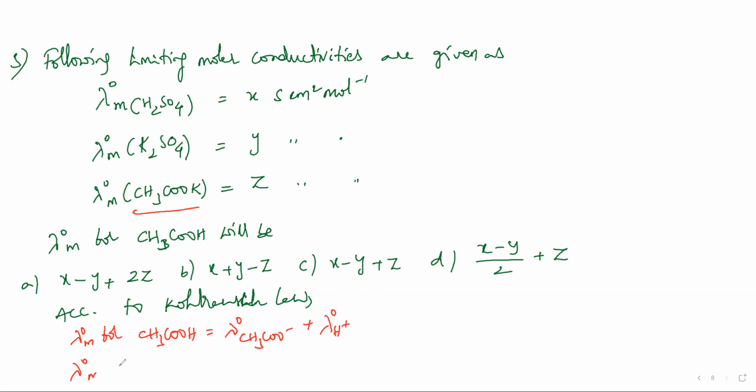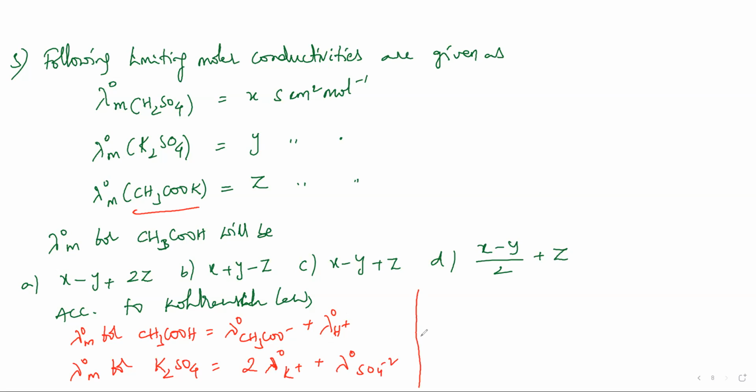Similarly, lambda naught m for K2SO4 is 2 into lambda naught K plus plus lambda naught of SO4 minus 2.